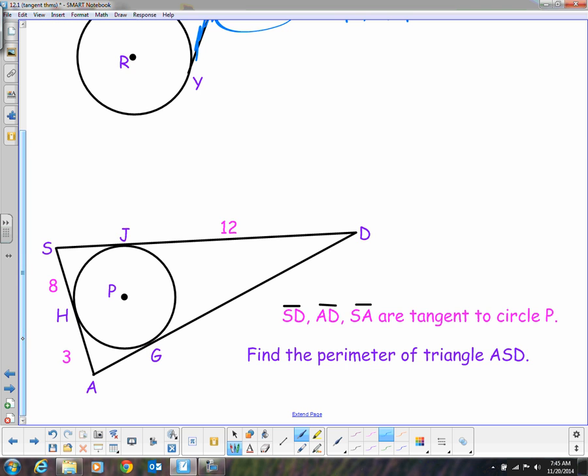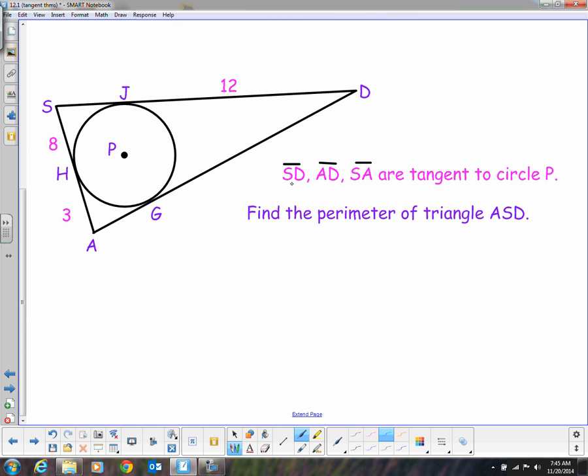I can come back. All right, now, SD, AD, and SA are tangent to circle P. I want the perimeter of that triangle. What does perimeter mean? Say that again. The distance all the way around. All right. How many different sets of tangent segments are there? Okay.